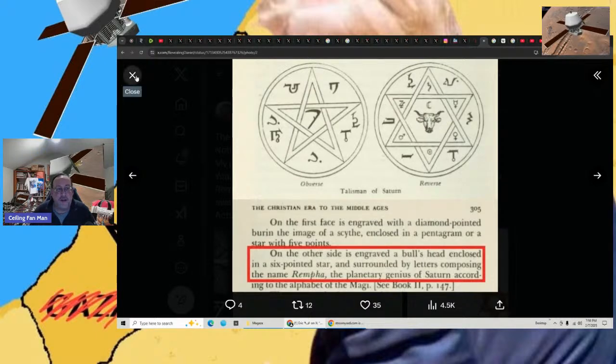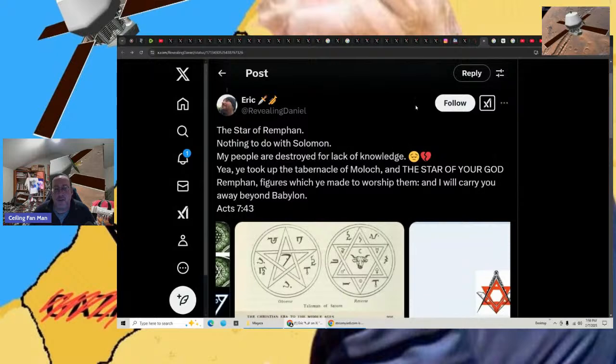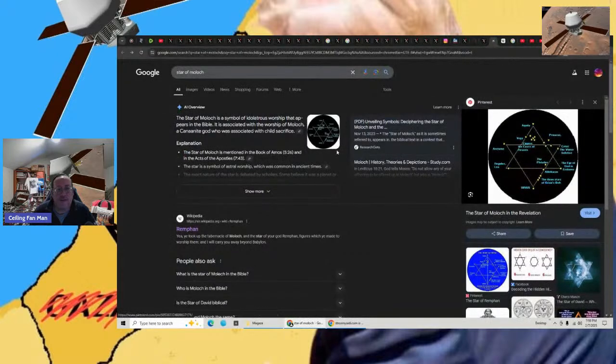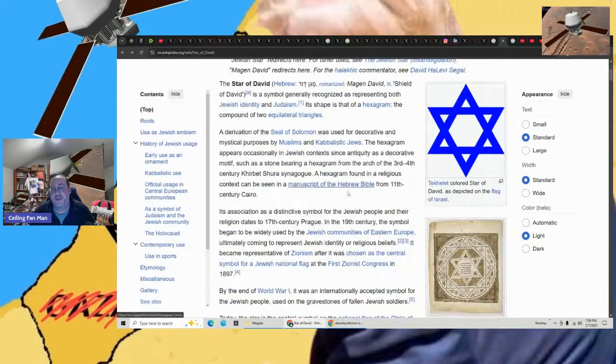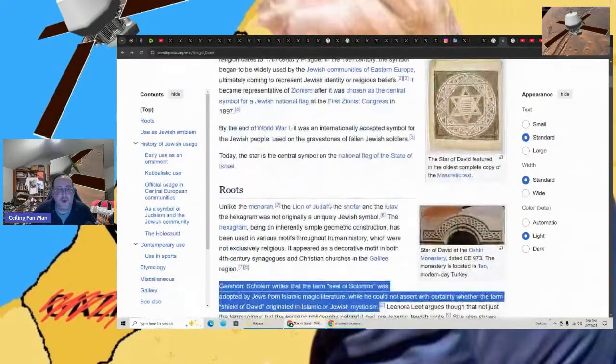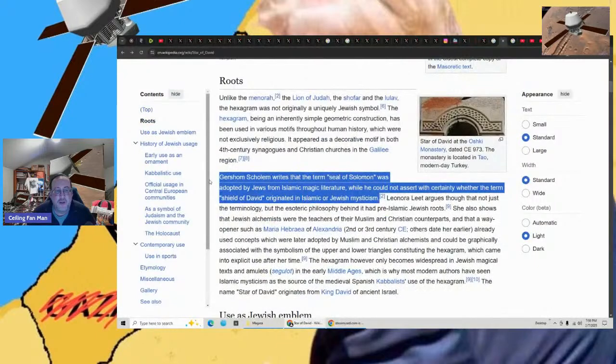It's right there. And you're like, well, no, that's not that. That's the Star of David. But nay, the Star of David, where is it? It's one of these. When did this start? So this supposedly gets its roots right here.